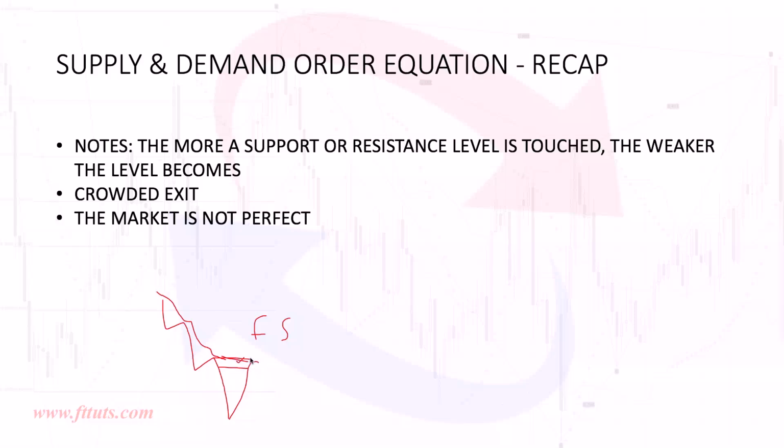If this supply level had been touched several times, that's different. Let's say the moving average has only been touched once, but this has been touched 3 times or more, then I'm going to be less inclined to take the trade, or I'm going to take a very, very small position if the fundamentals and sentiment are still in play.